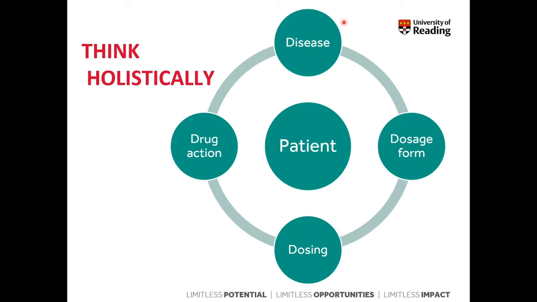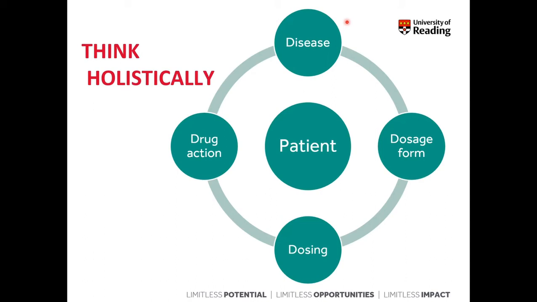So when you start thinking about the drug, you want to think about the disease. What is it going to be doing? What's it treating? So what disease or what condition does the patient have, and what are you hoping to treat? You might want to start thinking about the drug action as well. So will the drug actually work to treat this condition?